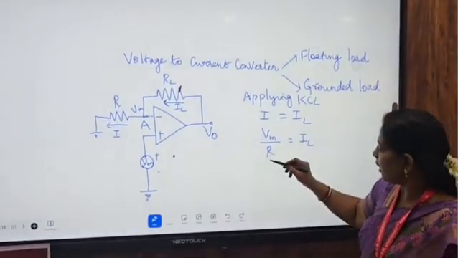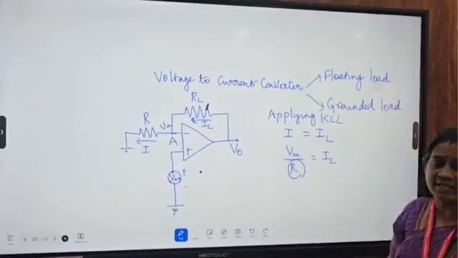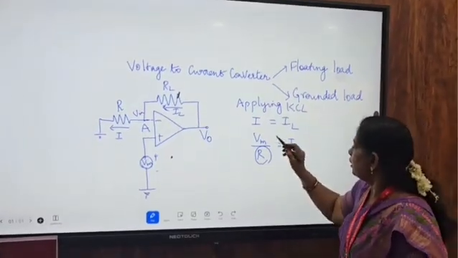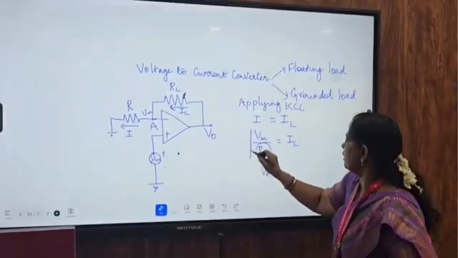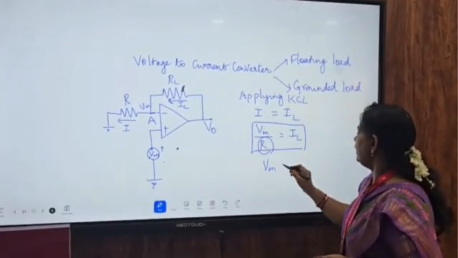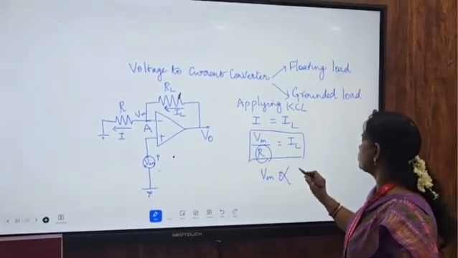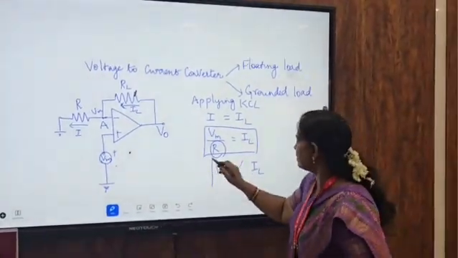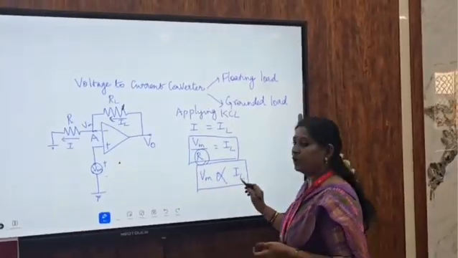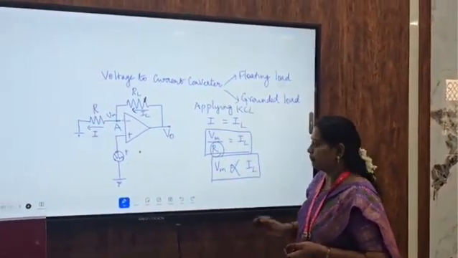Here R is a constant value, so from this expression we understand that the input voltage is proportional to the load current IL. This is how voltage is converted into its equivalent current.